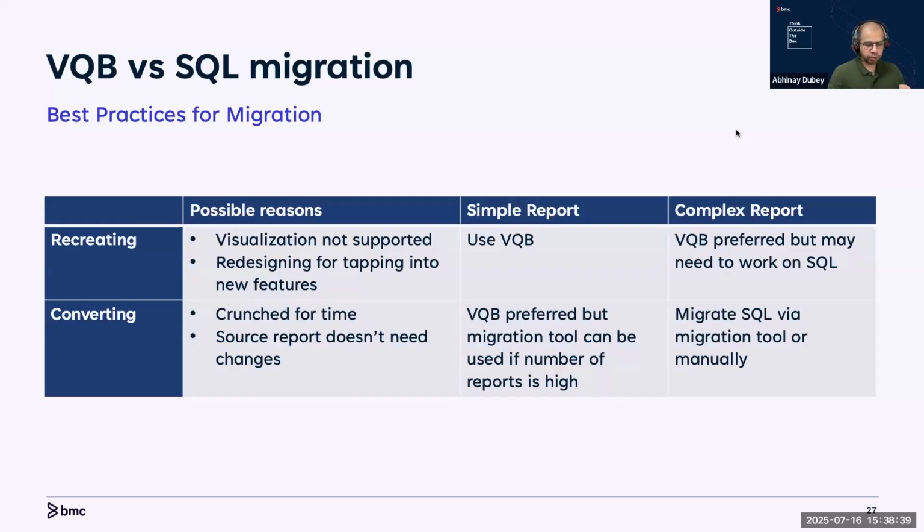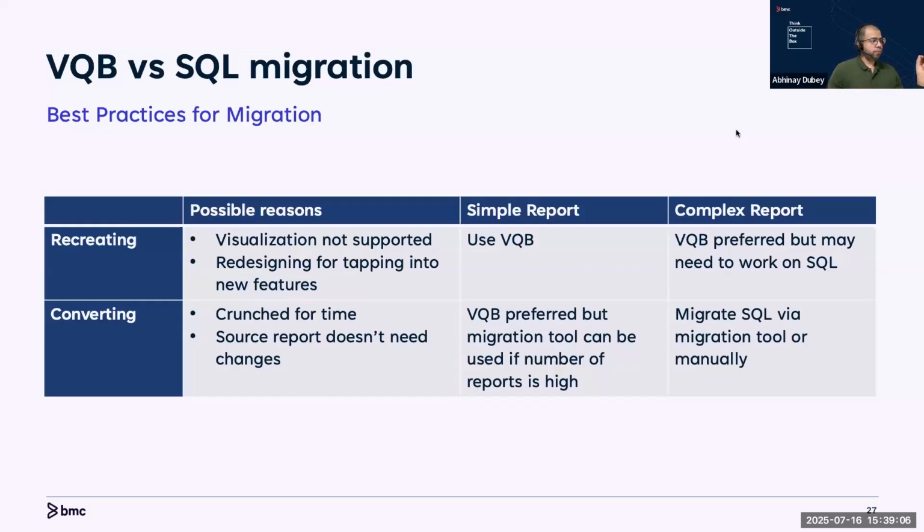Number two is using Visual Query Builder, and we are going to see a demo of it later in this session. Number three is you manually move the SQL query over to Helix Dashboard. There are pros and cons to all of these approaches, and there are different use cases where you would prefer one over the other. So this is what we are talking about in this slide.